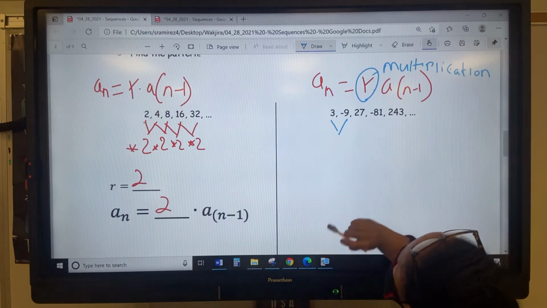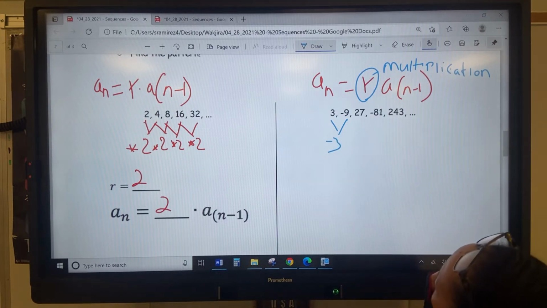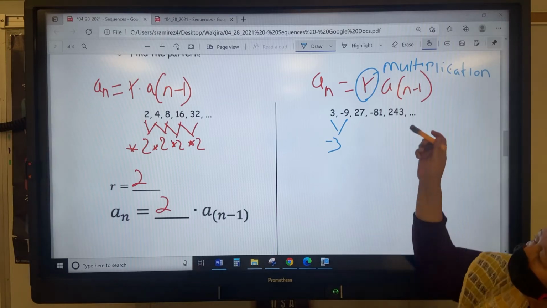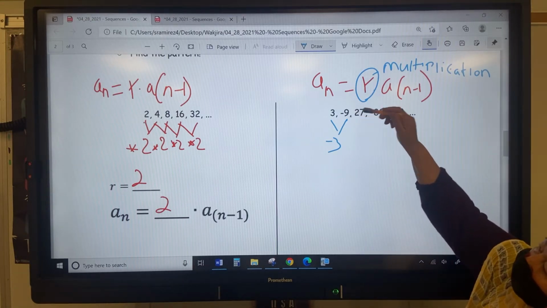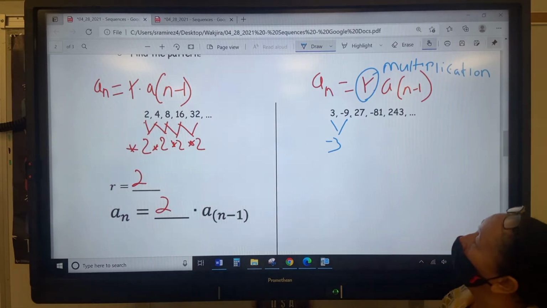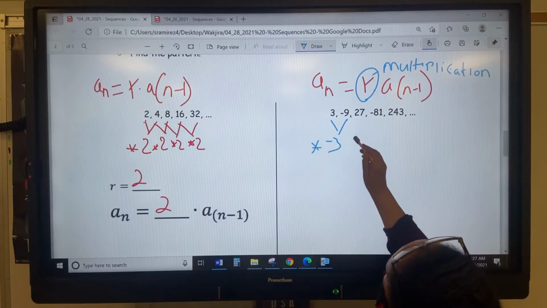Okay, that is minus 3. Now the next step, what multiplies minus 9 in order for us to get 27? That's again minus 3.